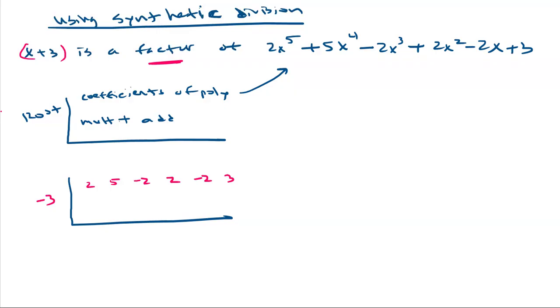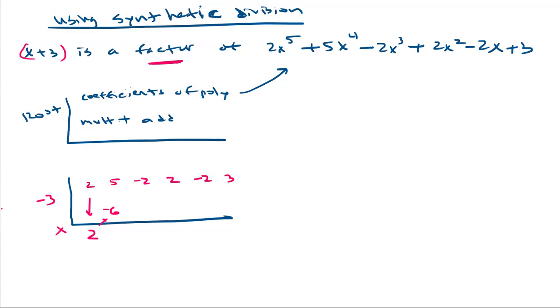How do I do that? Well, we use synthetic division. So once we list our coefficients, what we're going to do next is take that 2 and bring it down. And then we're going to multiply. So -3 times 2 is -6, and we put that number there. Then we're going to add, not subtract.